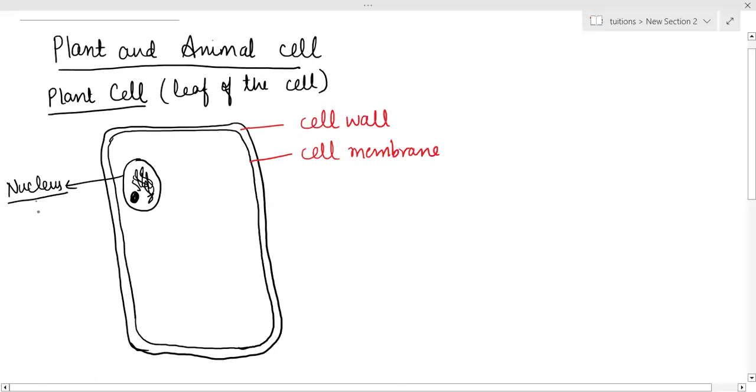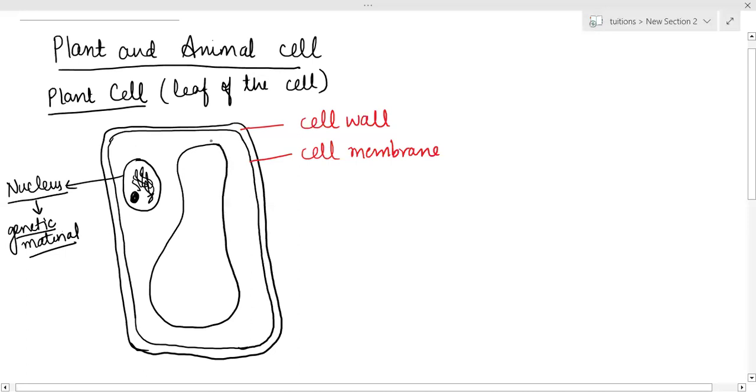Now, the nucleus contains genetic material. We'll be discussing more in detail in later classes. And then this particular plant cell has a very prominent large vacuole like that. This is known as the vacuole.